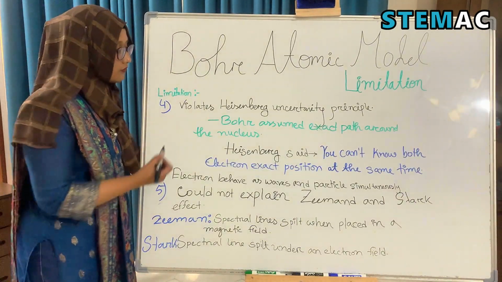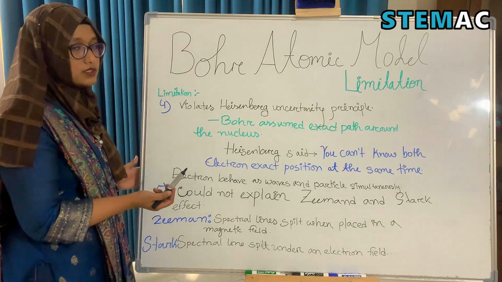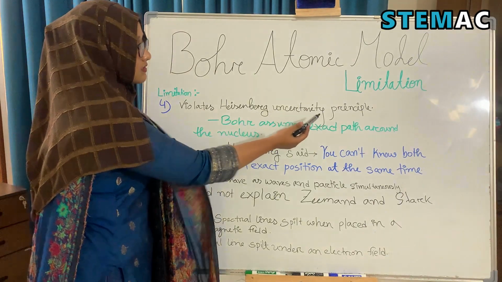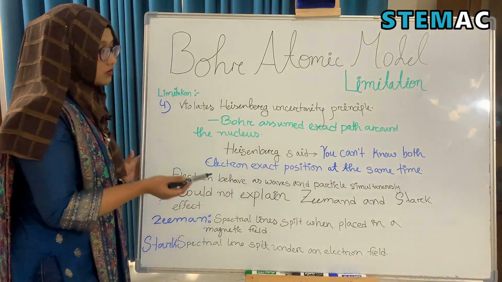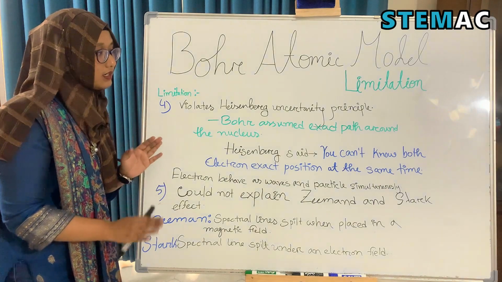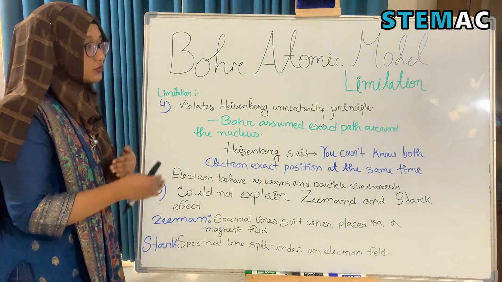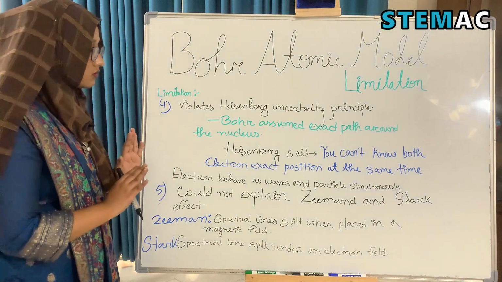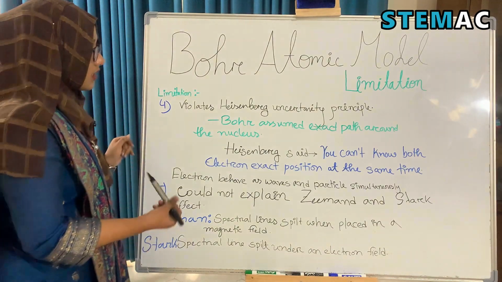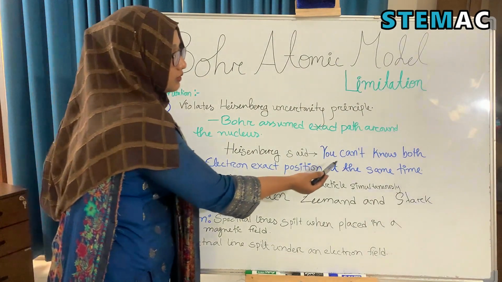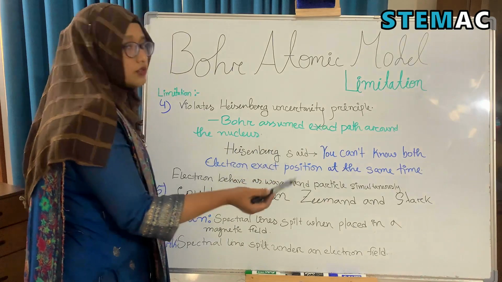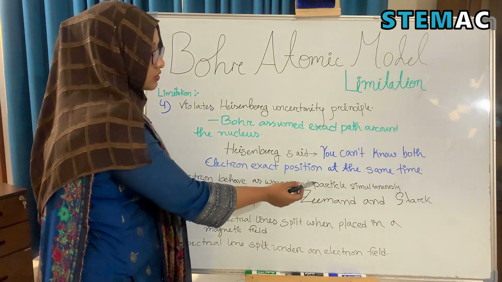Here is the fourth limitation, which violates the Heisenberg uncertainty principle. Bohr assumed that electrons move through some exact paths, but that's not the case. Heisenberg said that you cannot know both the electron's exact position and momentum at the same time.